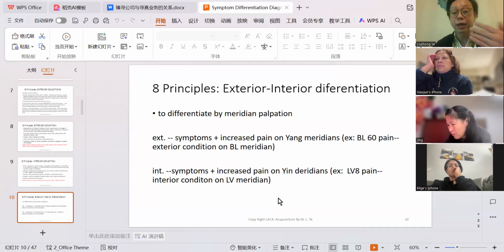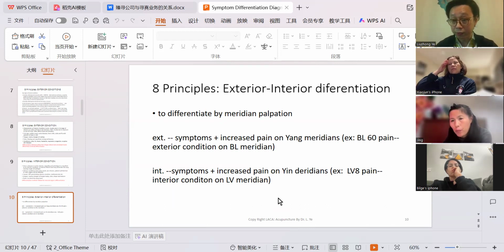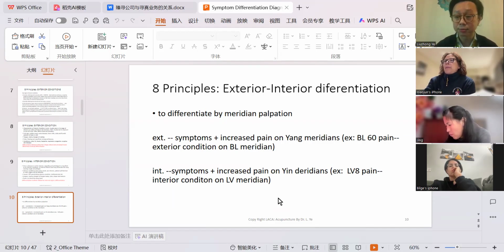Meridian palpation could get you, okay, if there is an exterior, the yang meridian will be showing some red lights. If it's the yin meridian, the interior conditions will be put into that.